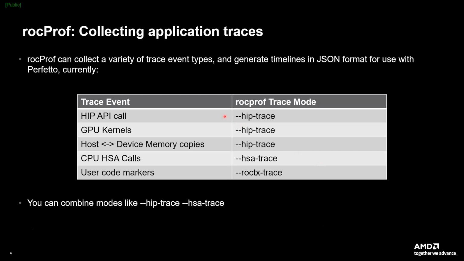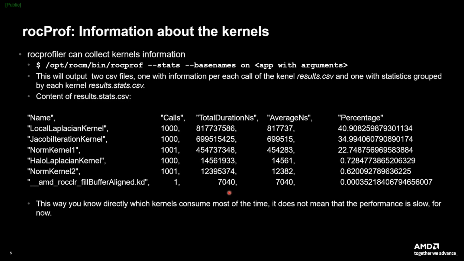To see HIP calls, you use HIP trace. To see GPU kernels, you need to activate the HIP trace. Host-device memory copies also need HIP trace. HSA calls clearly need HSA trace, and user code markers need ROCtx trace. And you can combine HIP and HSA, and other things.